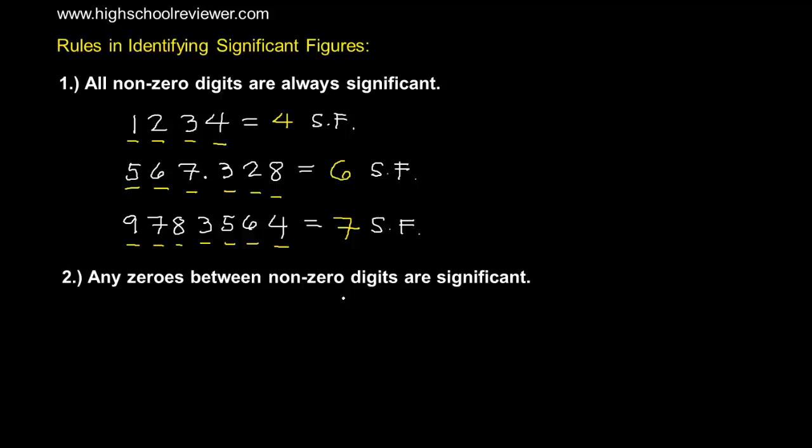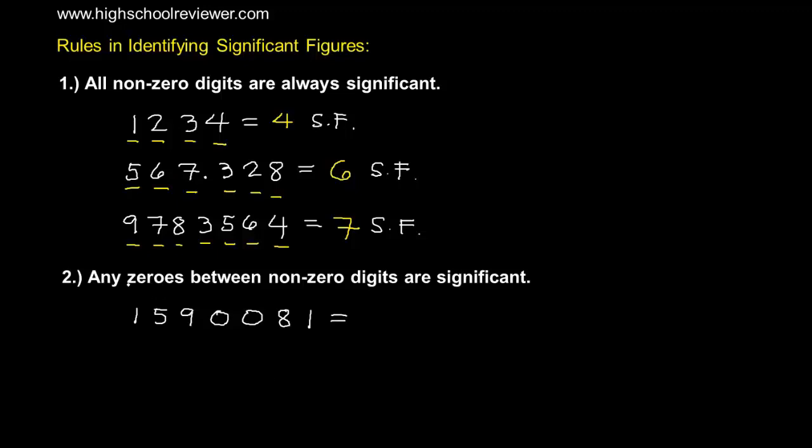Let's now proceed to rule number 2. Any zeros between non-zero digits are significant. Okay, to understand this, let's have another example. We have 1, 5, 9, and then we have 1, 0, 2 zeros, and 8, 1.